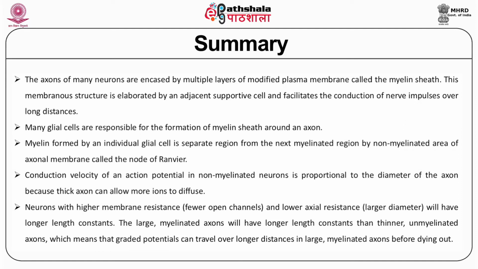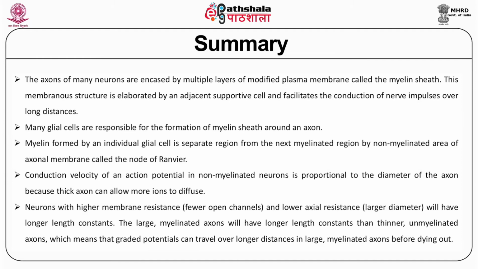Now, as a whole, we will summarize what we have learned from this module. Number one, the axons of many neurons are encased by multiple layers of modified plasma membrane, which we call the myelin sheath. This membranous structure is elaborated by adjacent supportive cells and facilitates the conduction of nerve impulses over long distances.